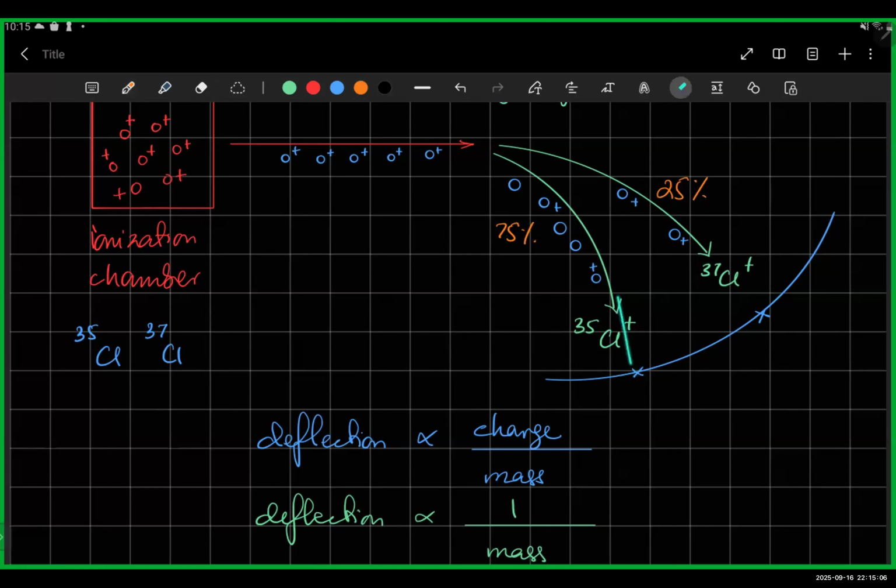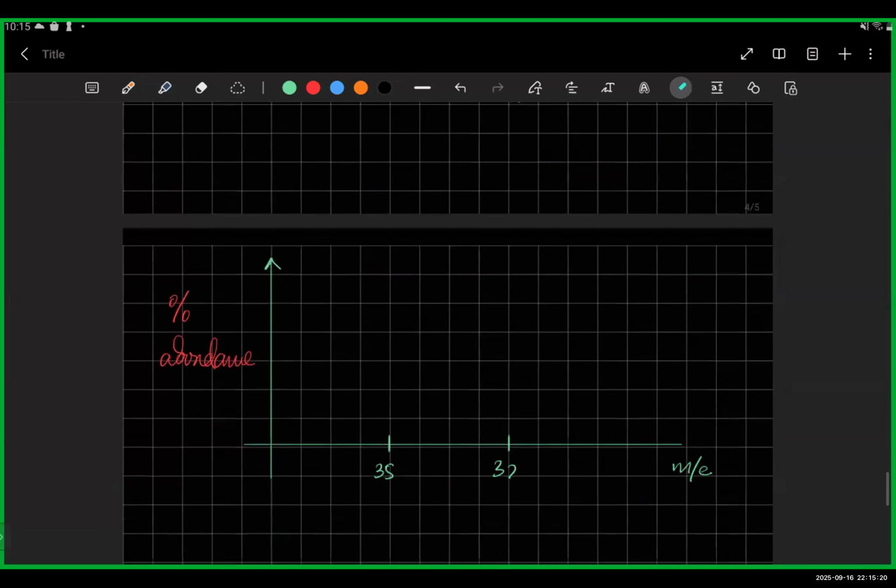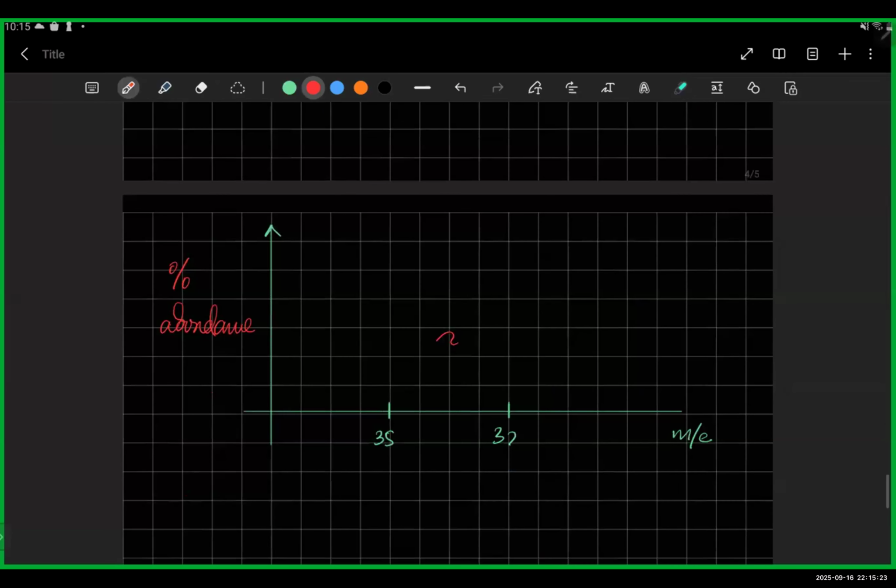So when they fall onto the detector it shows a much bigger output over here because there are more particles having a mass of 35. Is this clear? So detector आपको एक तो बता रहा है, mass बता रहा है by looking at the deflection. But the other thing is it's also showing you the number of particles that he's detecting. So he's going to tell you the ratio in which these particles are hitting it. Okay, so this is 75% of the particles are 35 and 25% of the particles are 37.